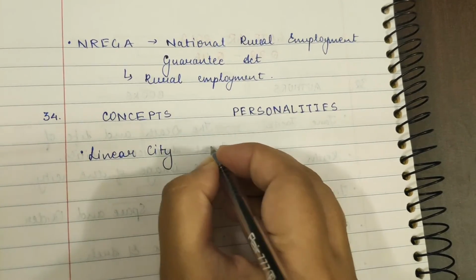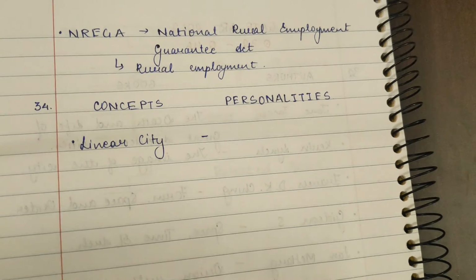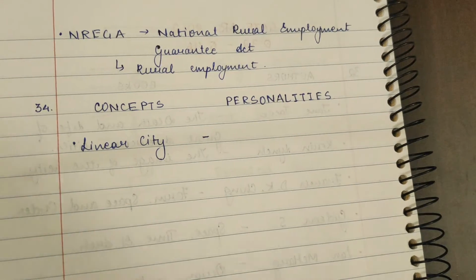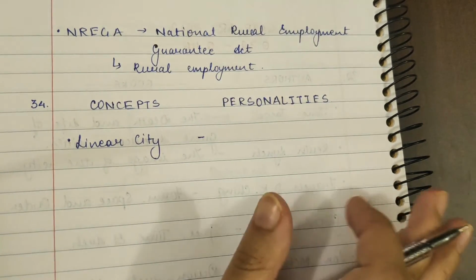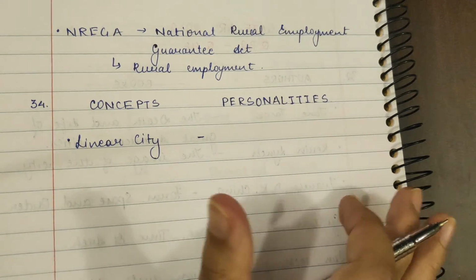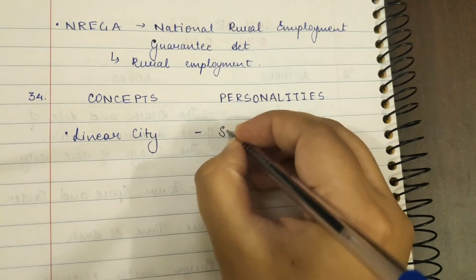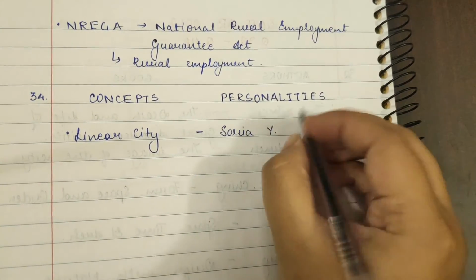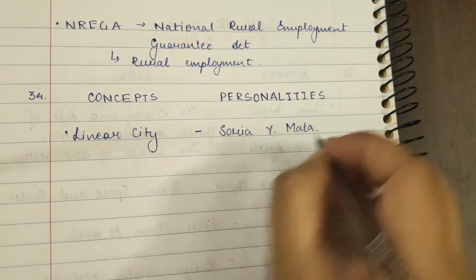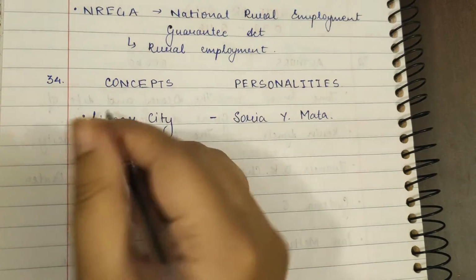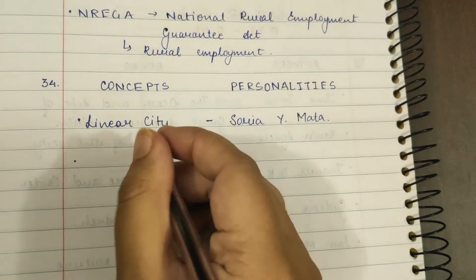I think once you do 5-year question paper also you will get to understand that many of the questions are more or less based on the information of the last 3 to 4 years. Some of the questions are same in some form. So linearity concept was given by Soria Vaimata. This person has also helped in designing Madrid, which is also based on a linear pattern only.